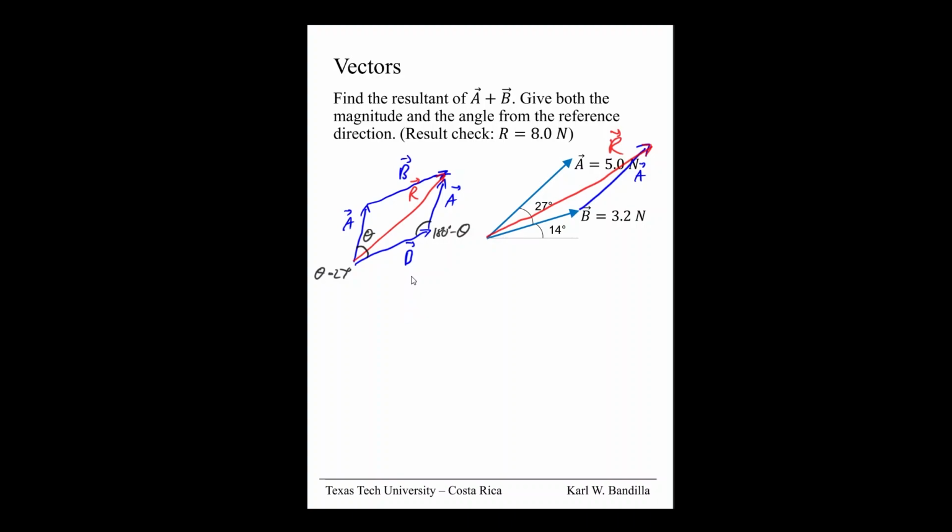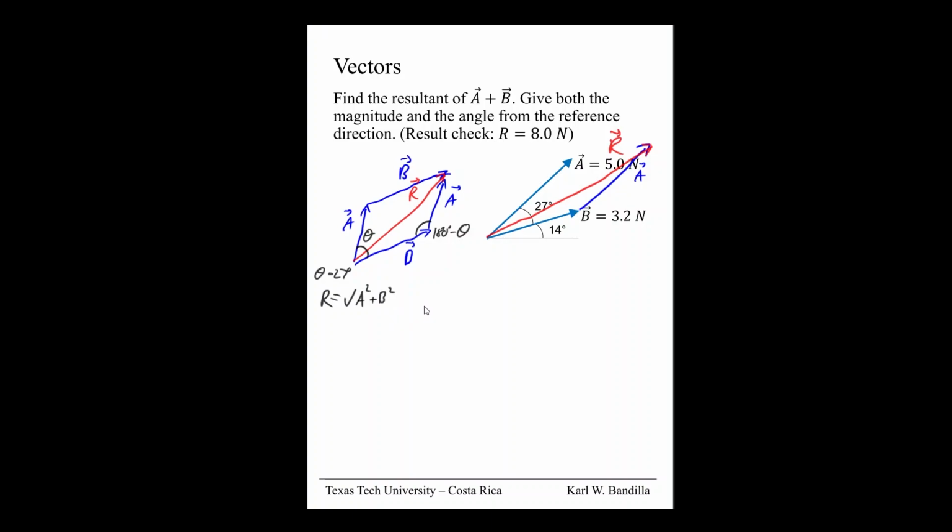And then, of course, if we have this angle and we have the two magnitudes of our vectors here, then we can use the law of cosines to find the resultant, right? So we can write R is then equal to the square root of a squared plus b squared.